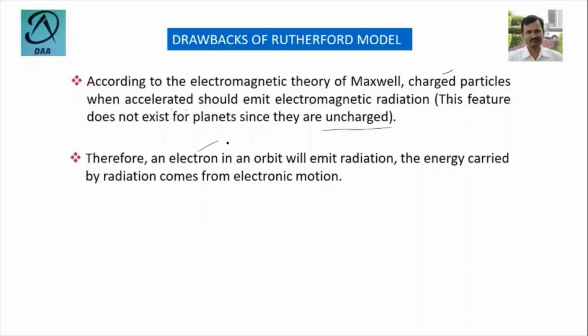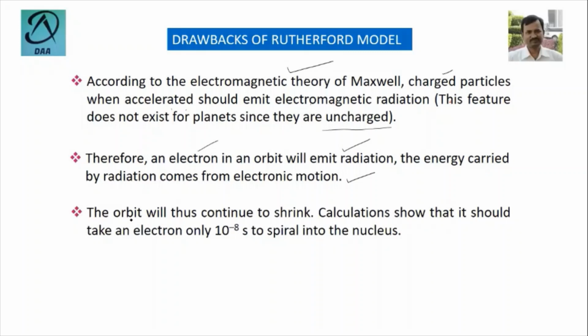Therefore, the electron in the orbit will emit radiation as per Maxwell's electromagnetic theory, and the energy carried by the radiation comes from the electronic motion. The orbit thus continues to shrink.